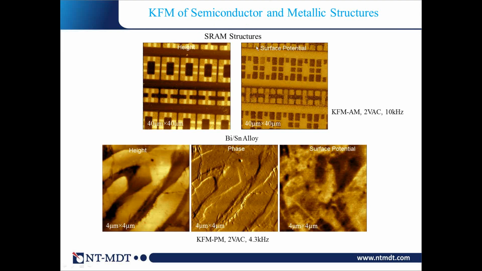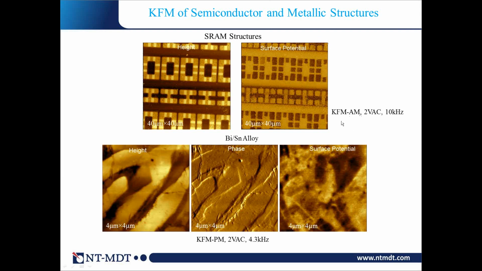Take SRAM structures, semiconductor structures with different doping regions of different type and concentration, used to make active devices. You see in the comparison that the height and surface potential images show no direct correlation. For example, these are two different regions, and they don't look different in topography. There is no crosstalk, which people sometimes seem afraid of.